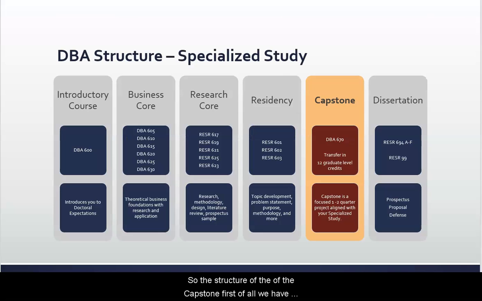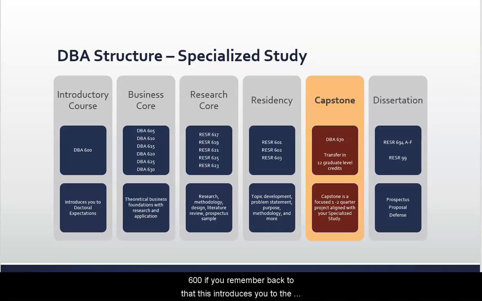So the structure of the capstone, first of all, we have to align it with our specialized study. And I want to be sure that you understand the structure of all of this. So I've got six columns. The first column talks about the introductory course, the DBA 600.